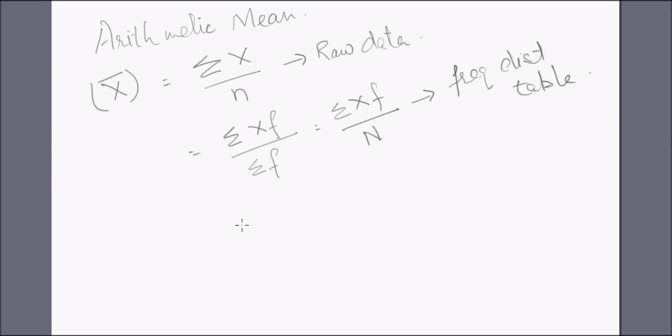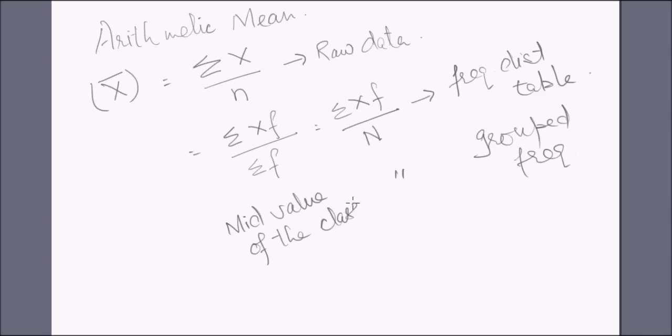Okay, now when we have grouped frequency, again the formula is the same, but the treatment is different. For grouped frequency, you have the same formula, but what we do is we don't take x directly, we take the mid value of the class as our x.